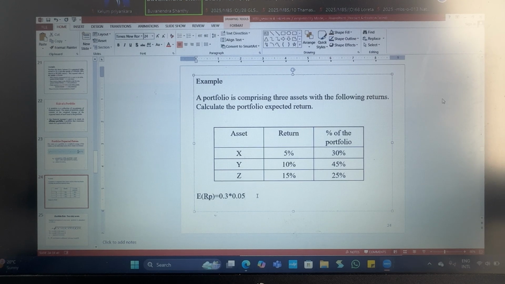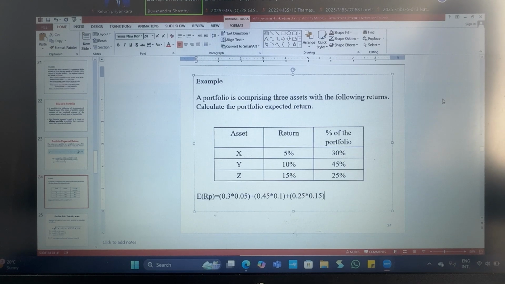Then we take the summation with the other assets. For Y, the portfolio weight is 0.45, multiplied by a return of 0.1. Then for the other asset Z, the portfolio weight is 0.25, multiplied by the return rate of 0.15. Now you can take the summation, which is the expected return.